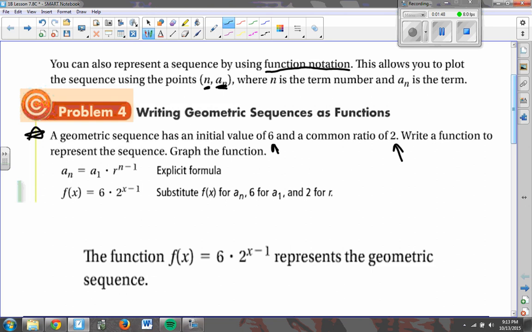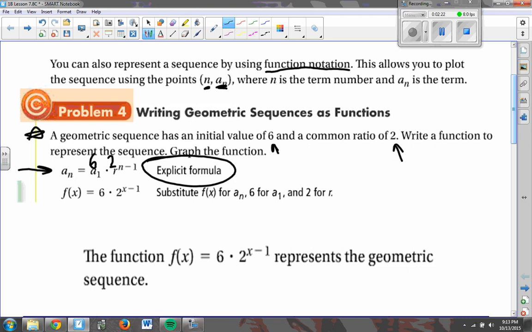This is all going to begin with our explicit formula, which remember was our one-time formula where we have a sub n, or our nth term, equal to a sub 1 times r to the n minus 1 power. So we can easily put in 6 for our a1 value, our initial value, our starting point, and 2 for our common ratio, or our r value.